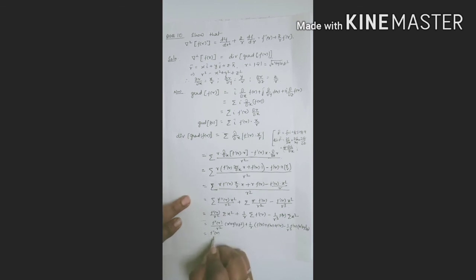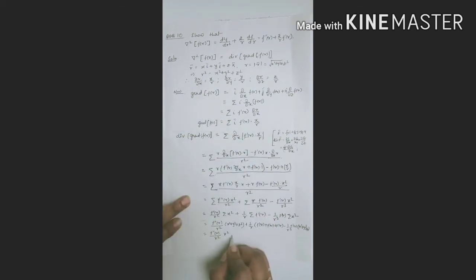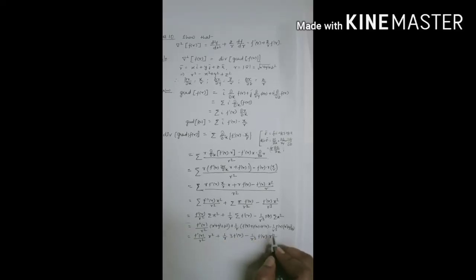So f double dash r over r square, what is x square plus y square plus z square? That is r square. So substitute r square, plus 1 by r. This is your 3 times of r, right? So this is value of x square plus y square plus z square equal to r square.